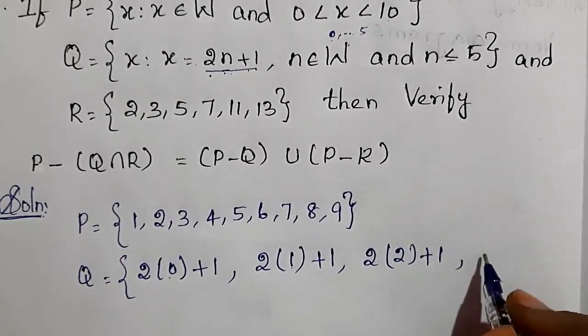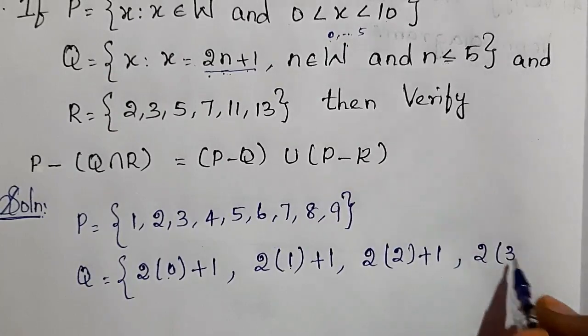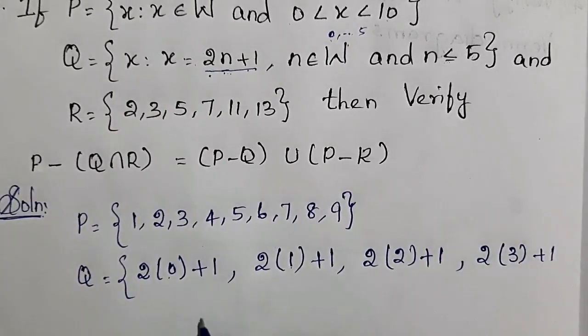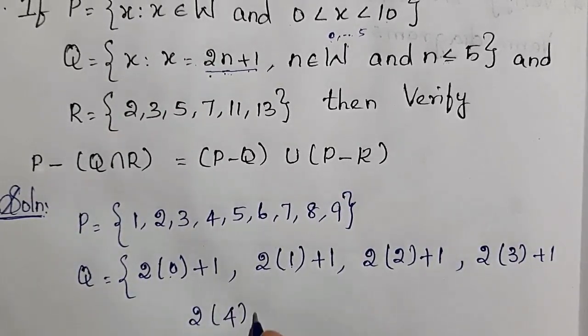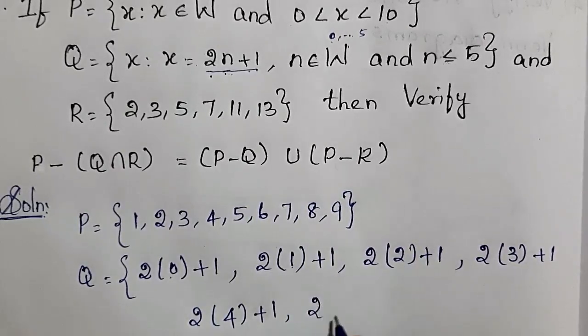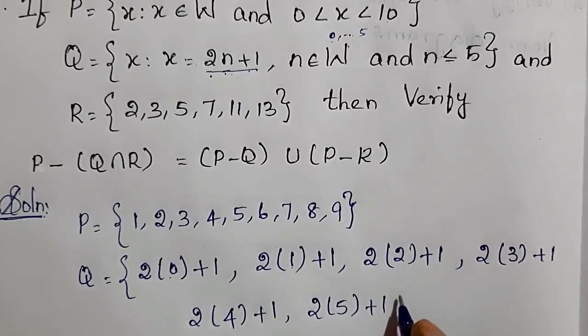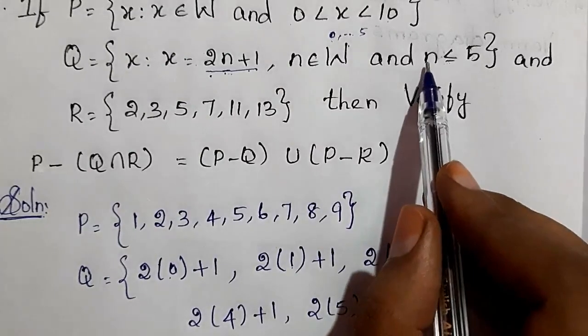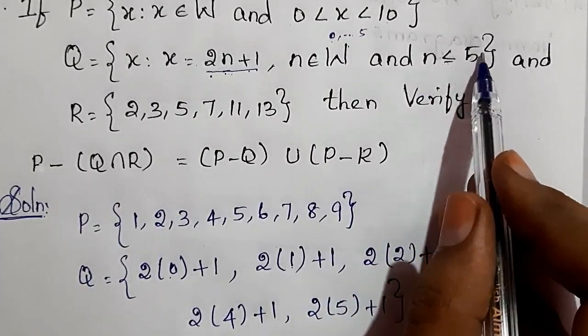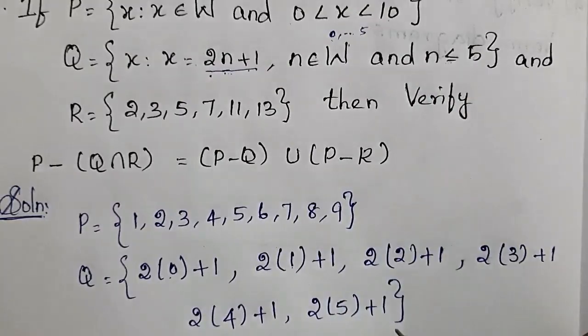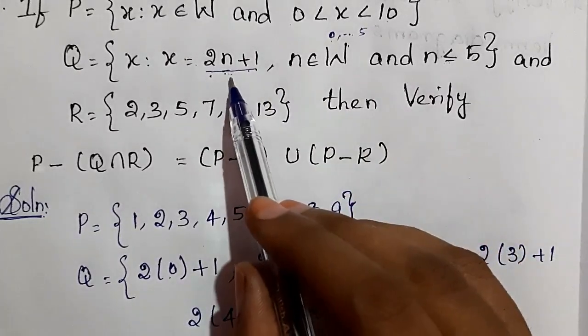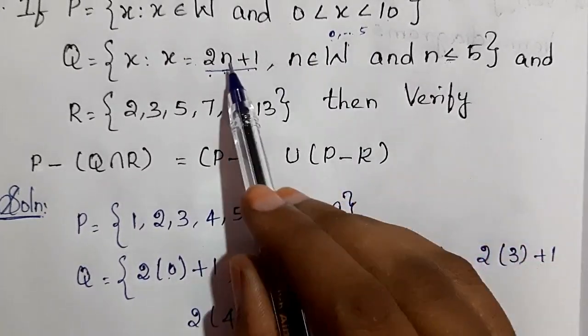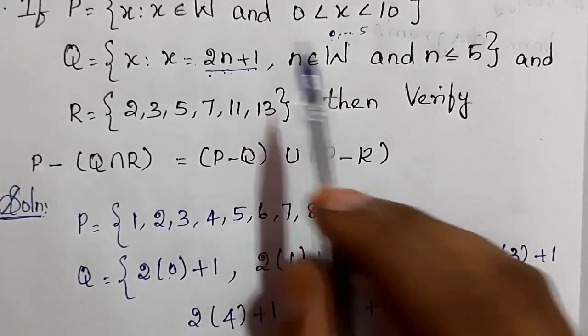The next element is 2 into 3 plus 1. Next element is 2 into 4 plus 1. Next element is 2 into 5 plus 1. So we can stop here because they gave n less than or equal to 5. This step is very important because we have to apply the values one by one. So the values 0 to 5 we apply in place of n.